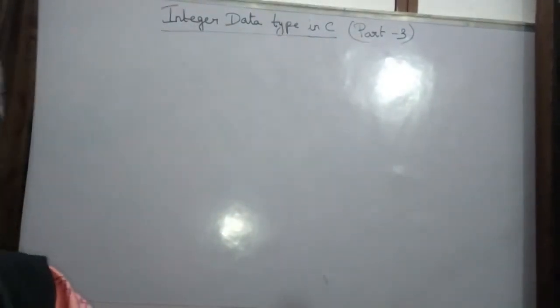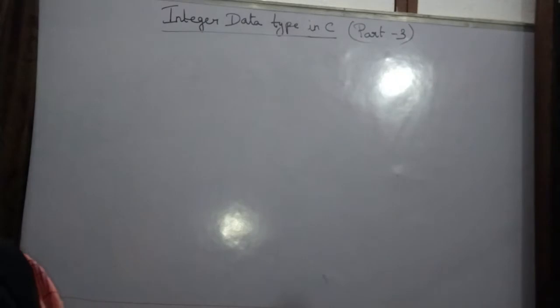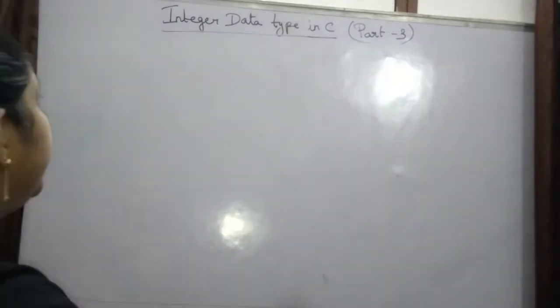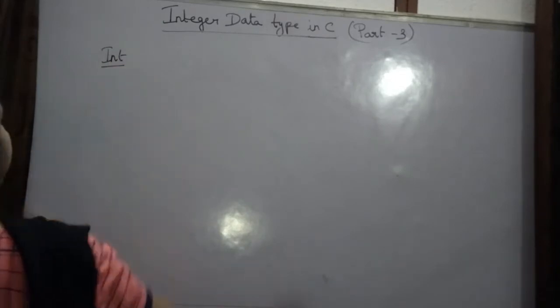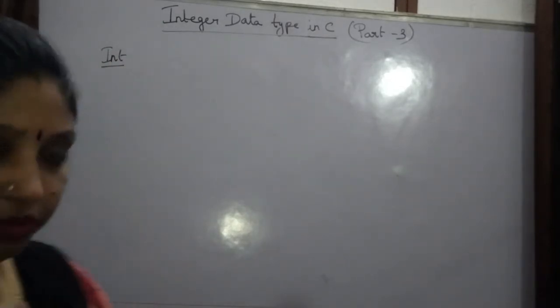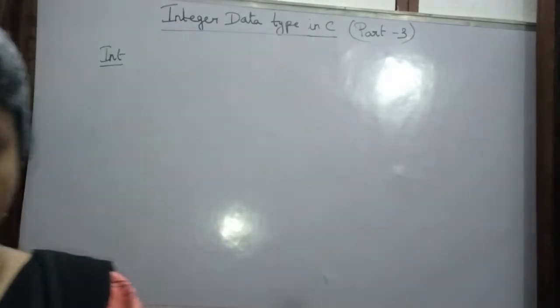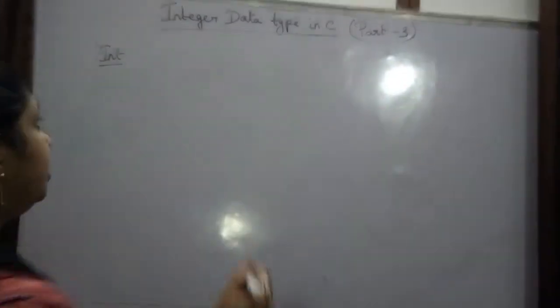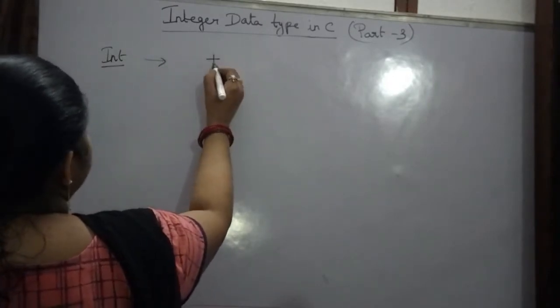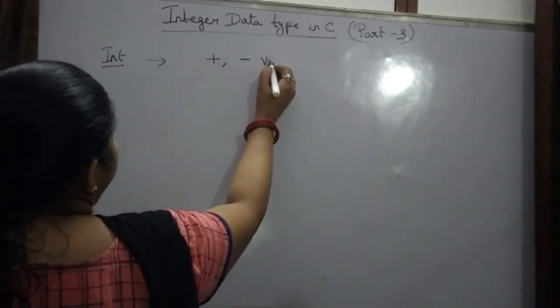Now in this class, as I said, I am going to discuss integer data types. When you see the word integer, int, it means it is going to take positive and negative values.